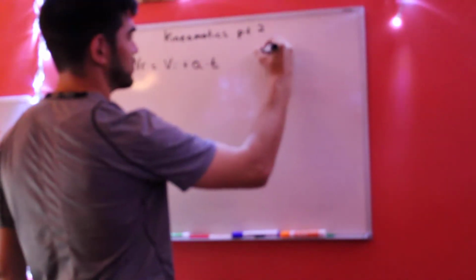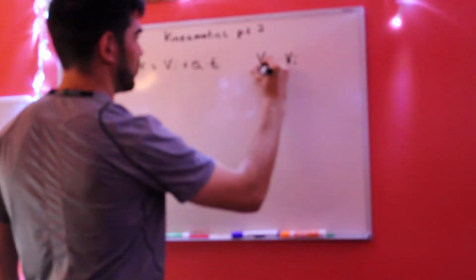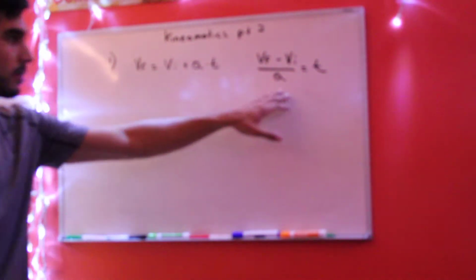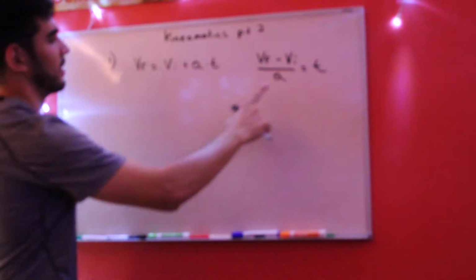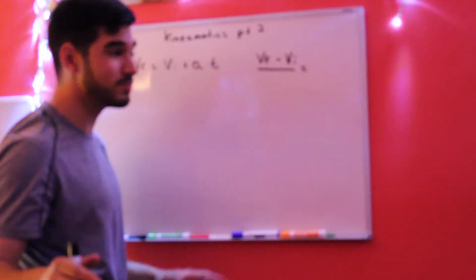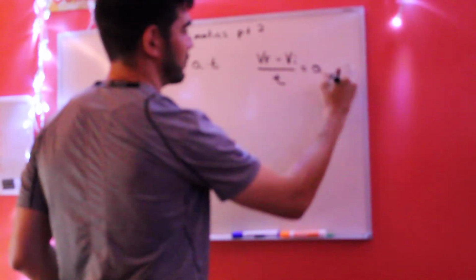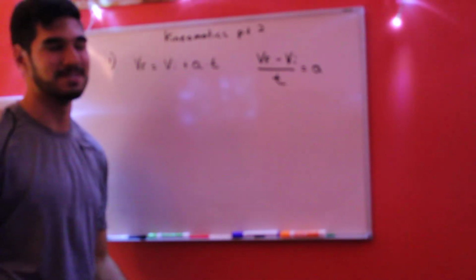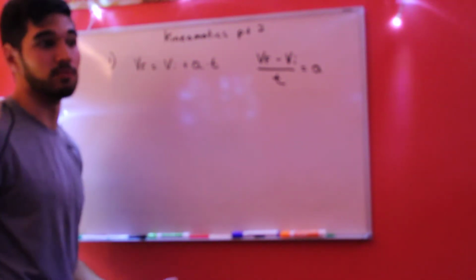If I arrange this, I can say Vf minus Vi divided by acceleration equals time. And wait, see, this is why you go two steps too fast. Vf minus Vi divided by time equals acceleration. There we go. That's better. That makes sense. But you can see that that's exactly what our acceleration formula is.